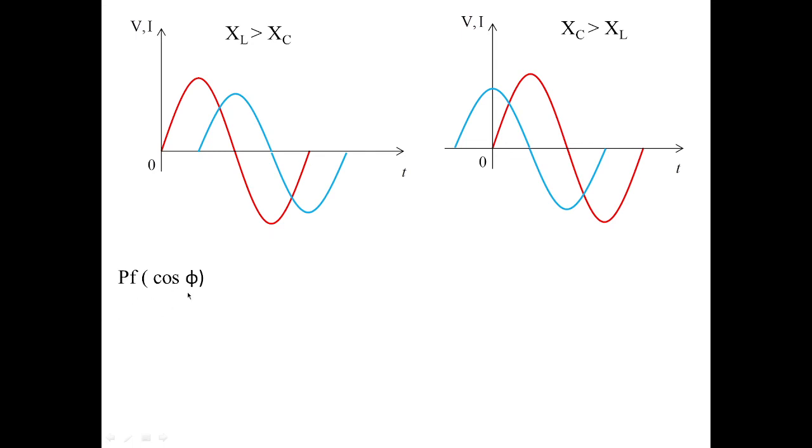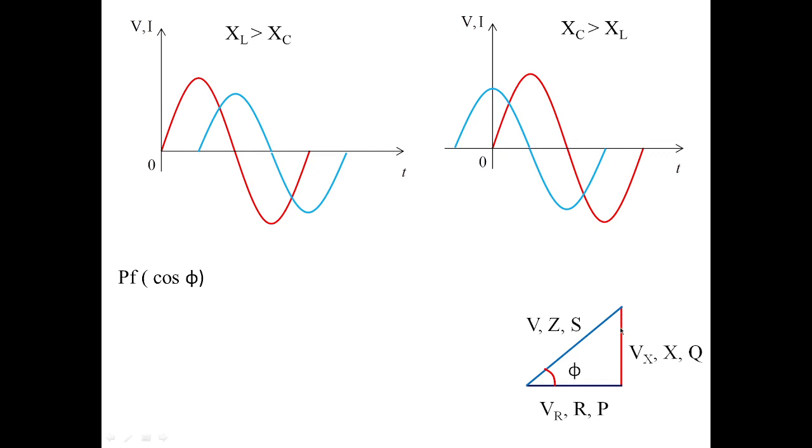And you can estimate the power factor, which is cos phi, from the voltage triangle, impedance triangle, or power triangle. When it is voltage, your hypotenuse becomes V, adjacent becomes VR, opposite becomes VX. When it is impedance triangle, the hypotenuse becomes Z, R becomes the adjacent, X becomes the opposite.